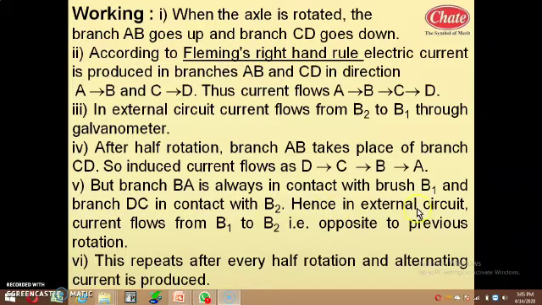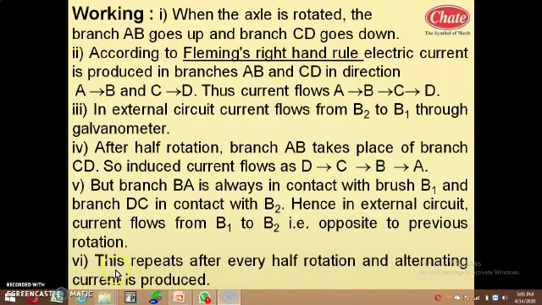Hence in the external circuit, as the current arrives at B1, the current flows from B1 to B2, which is opposite to the previous case. In the previous case the current in the external circuit flowed from B2 to B1, but after half rotation it flows from B1 to B2.